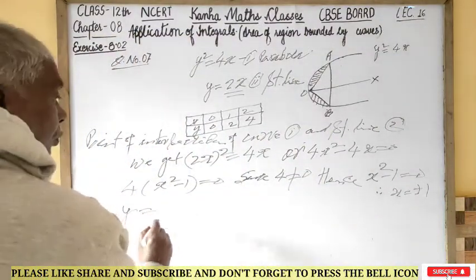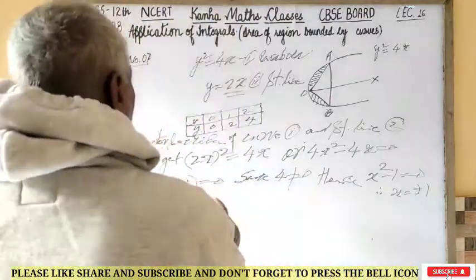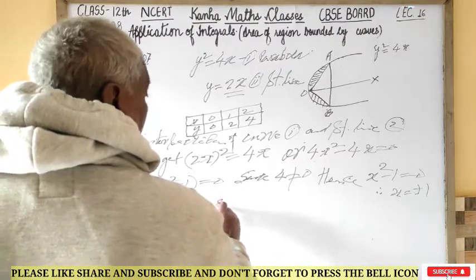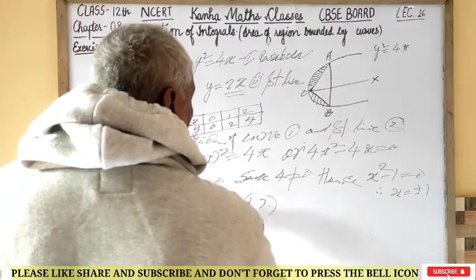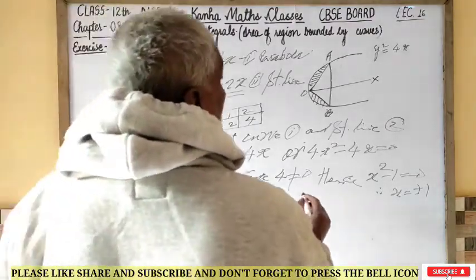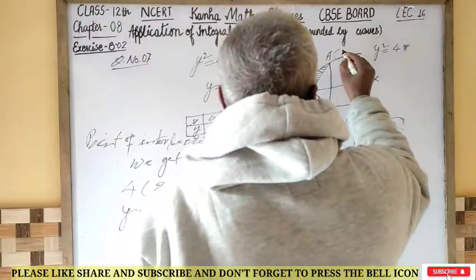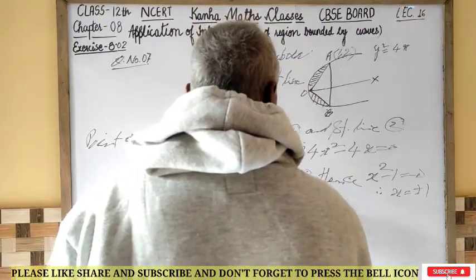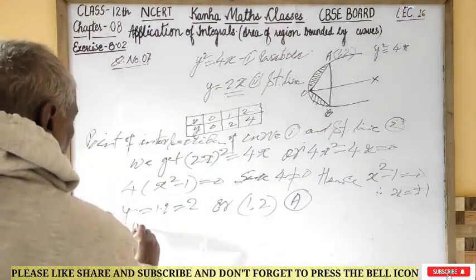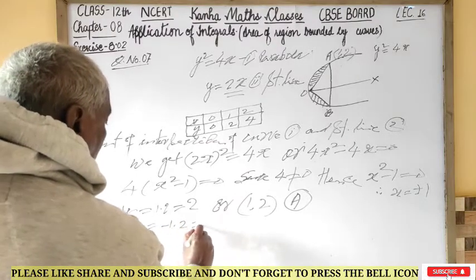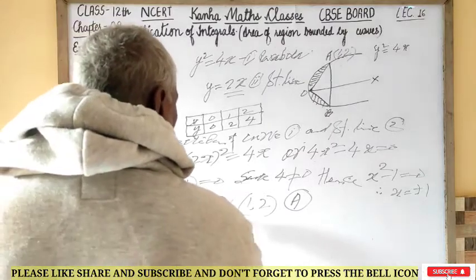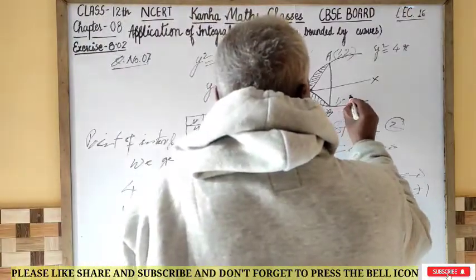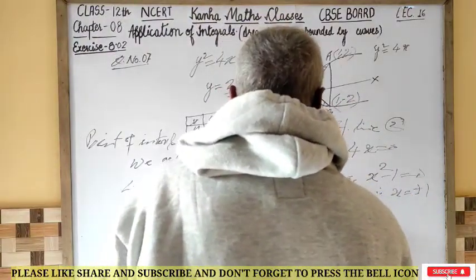Y is equal to, taking the value 1, 1 into 2, that is 2, so 1, 2, this is point A. And for the value 0, y is equal to 0, this is the origin O.